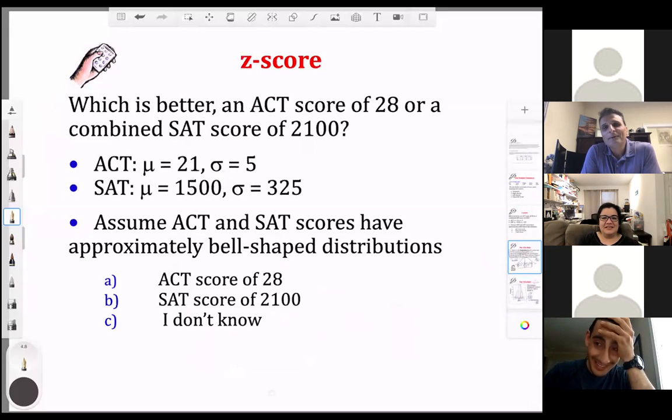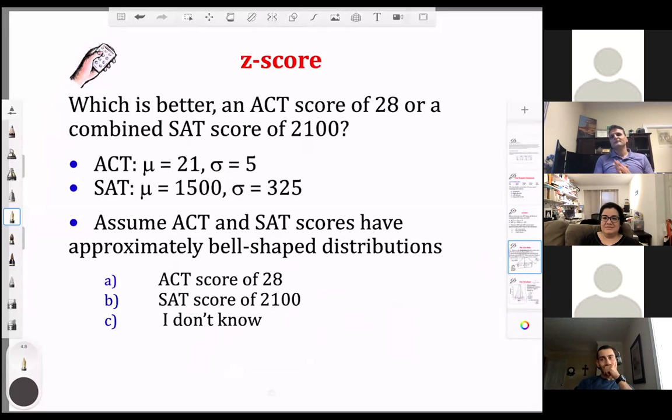So let's do this one. Which is better, an ACT score of 28 or a combined SAT score of 2,100? You can do it, Musa.